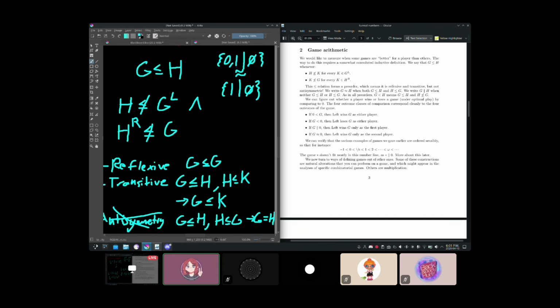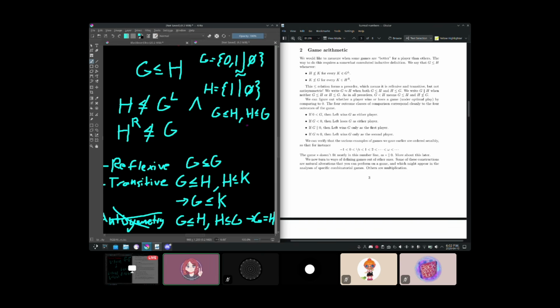The sort of same here means that if you have this first game, G, and this other game, H, then you do in fact have that G is less or equal to H, and also that H is less or equal to G. If you run through this weird inductive definition and do the entire calculation, you can prove that these are in fact less or equal to each other.